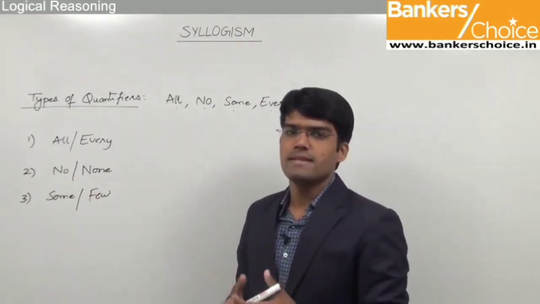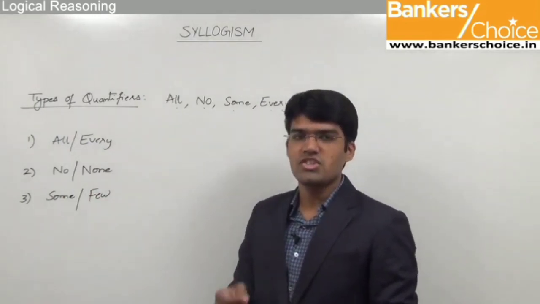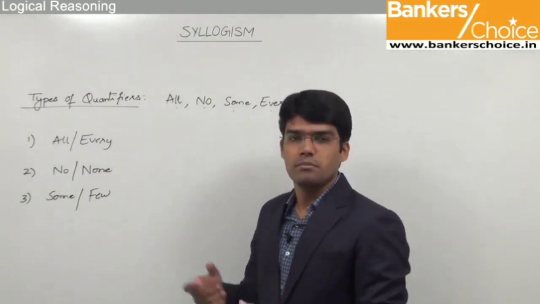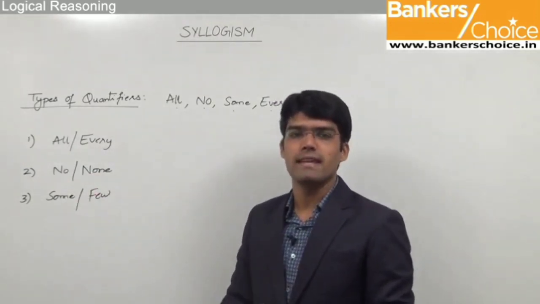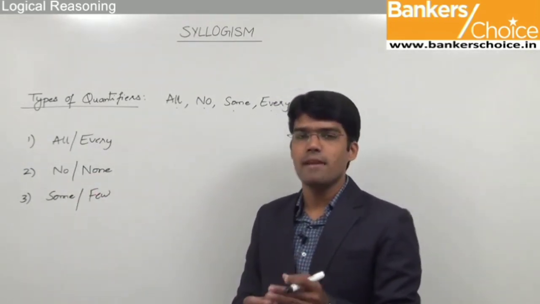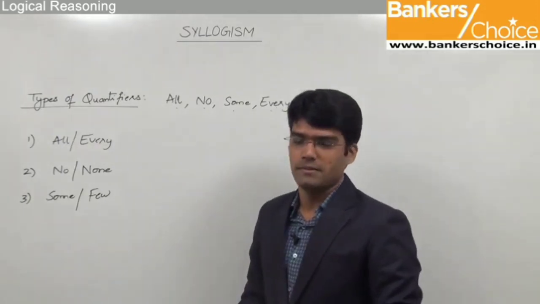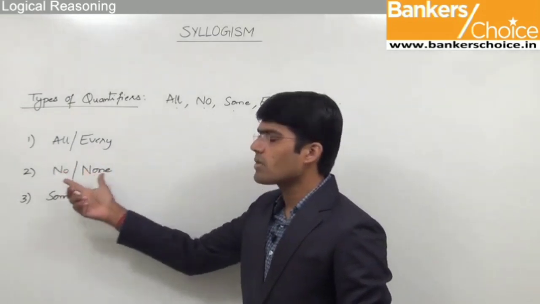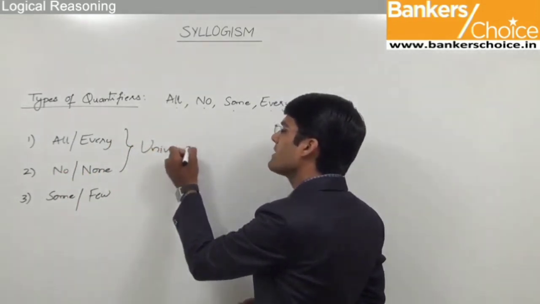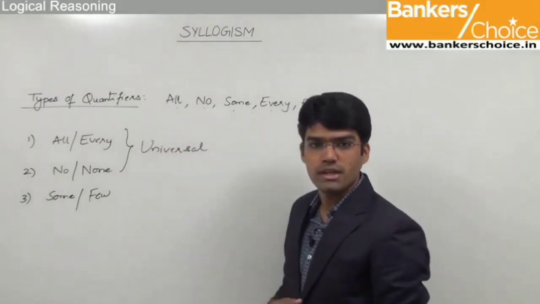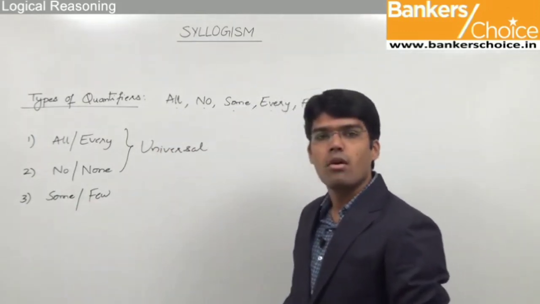For example, when we say all A's are B's, it means each and every A in the set is B. Similarly, when we say no A is B or none of the A's are B's, it means each and every element in the set A is not a part of set B. So these two quantifiers, all or no, are referred as universal quantifiers because they refer to each and every object of the given set.